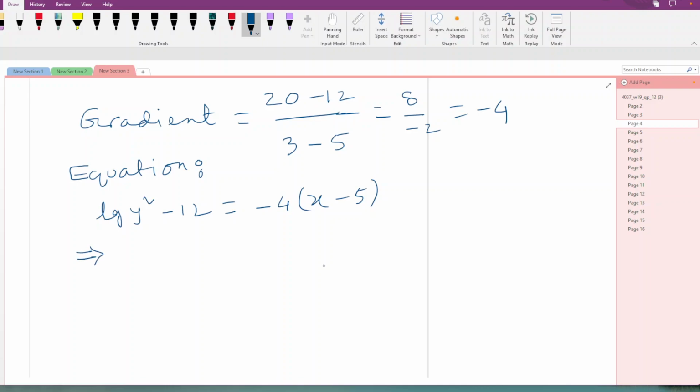This implies that lg y squared equals minus 4x plus 20 plus 12, which is plus 32.